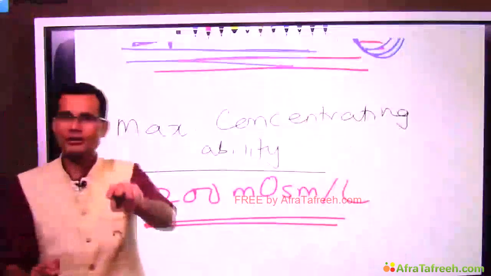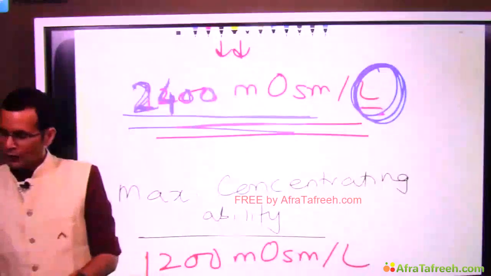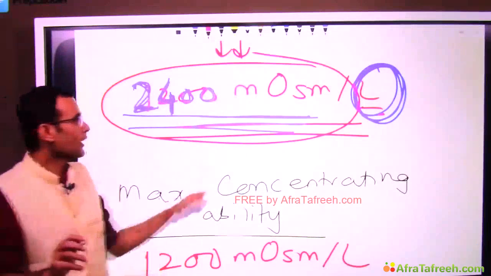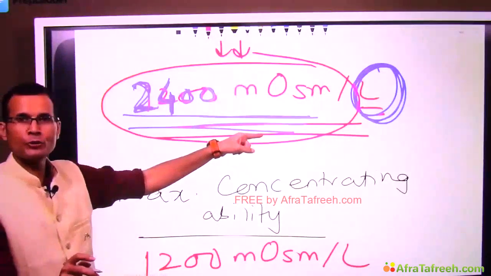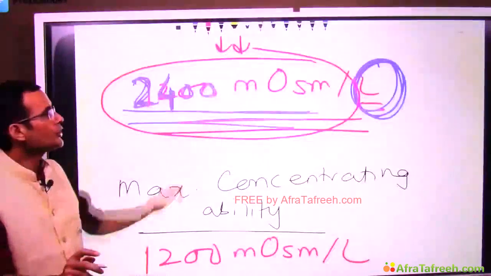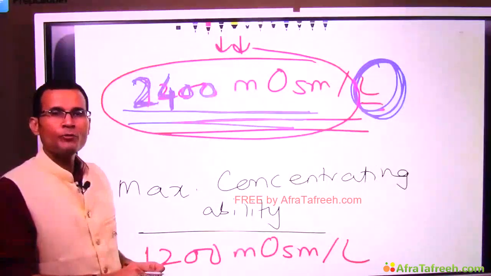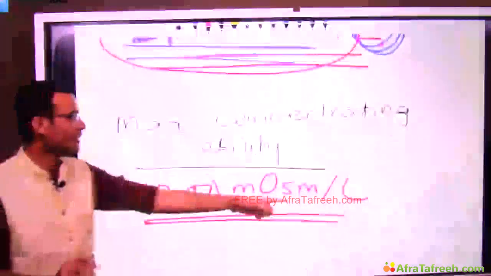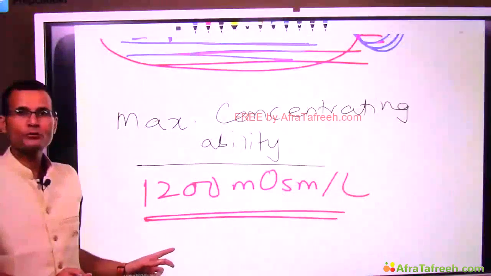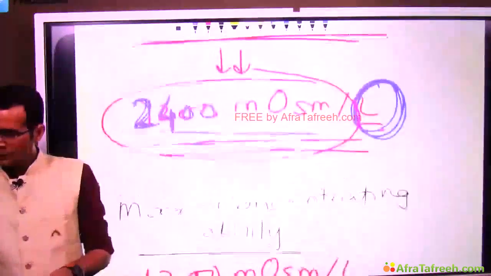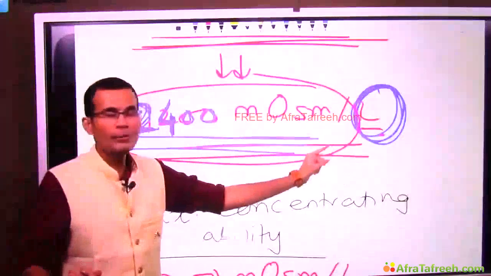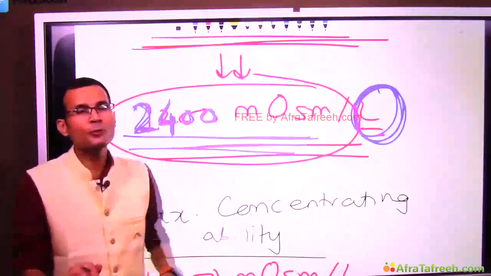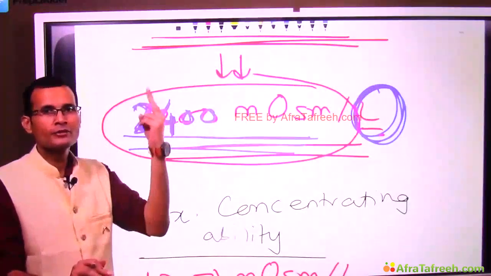Which means, to excrete 2400 milliosmoles of solute, how much urine volume will be needed? See, in 1 liter, only 1200 milliosmoles of solute can be excreted. So, to excrete 2400 milliosmoles of solute, how much urine output will be necessary? 2 liters.